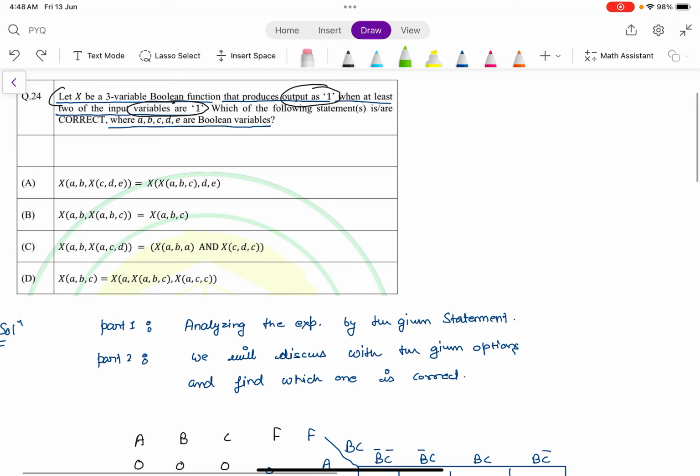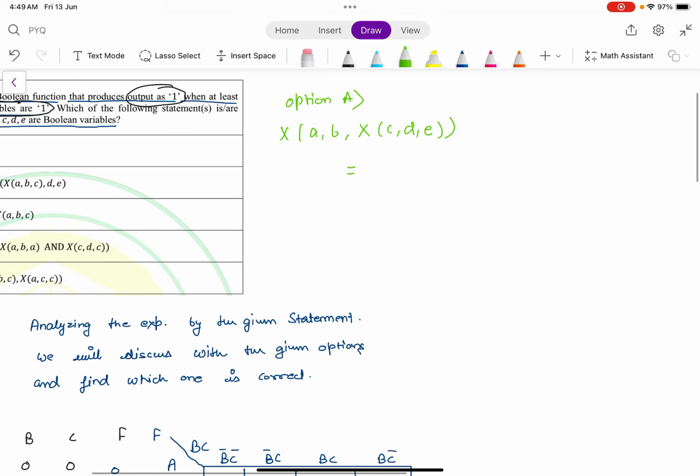Let's pick option A. Option A says x of a comma b, x of c comma d comma e. So what this tells you is, let's say I am taking this as alpha complete. It gives you ab plus b alpha plus alpha a.